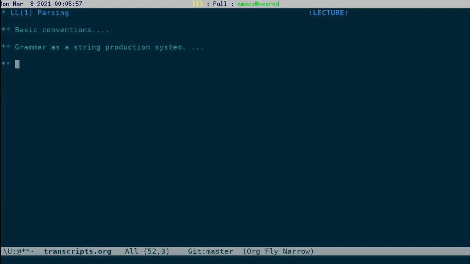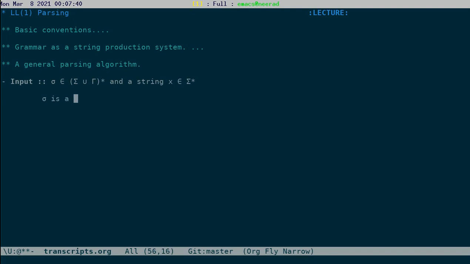We talk about a more general parsing algorithm. The input to this algorithm is a string sigma of terminals and non-terminals, and a string x in sigma star. So let me explain this.